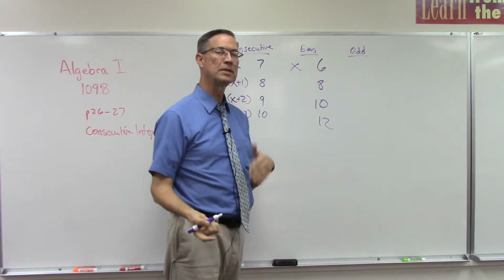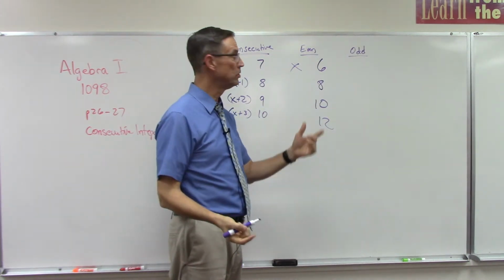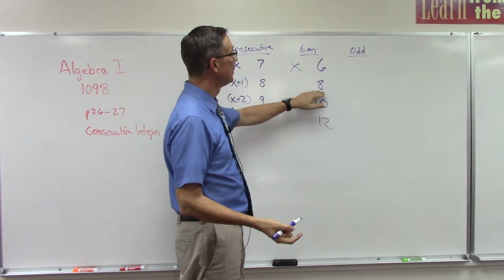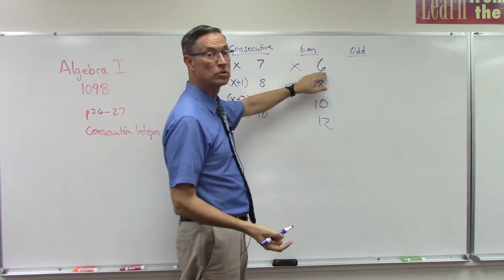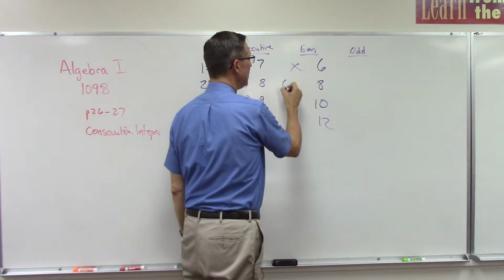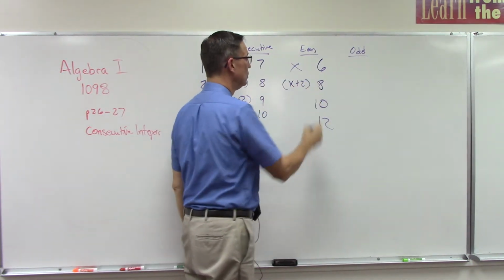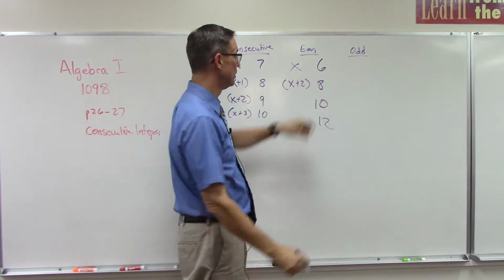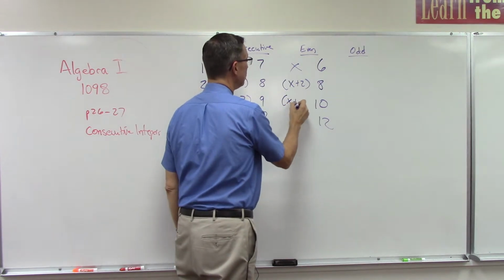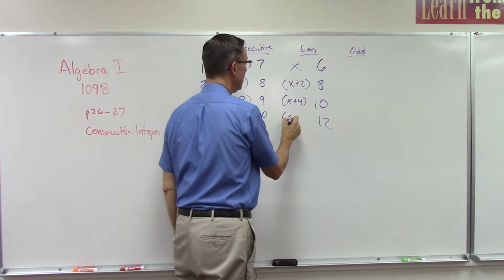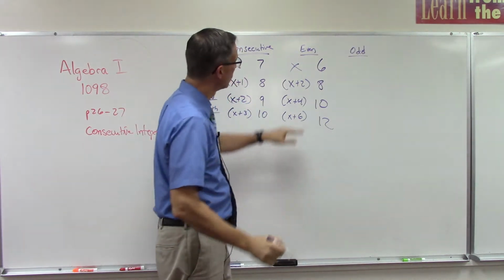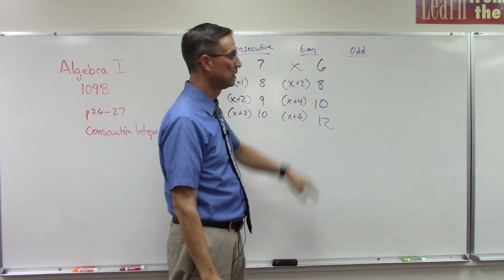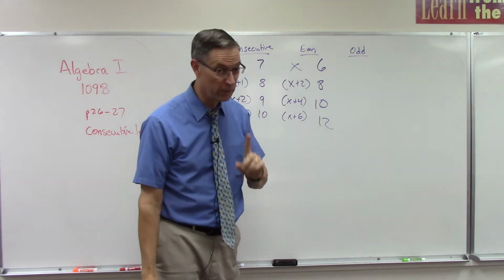What would the next consecutive even integer quantity be? Notice this is the second one, but how much more than 6 is it? It's 2 more. So instead of writing X plus 1, I need to write X plus 2. The next one is 4 more than the one I started with, so it's X plus 4, and then X plus 6. So we're going 2, 4, 6 in order to get the next consecutive even integer.